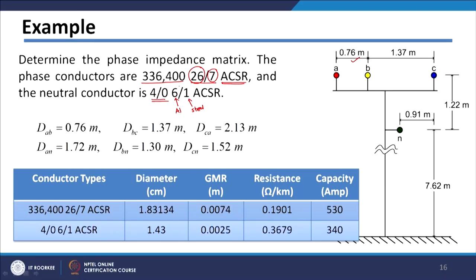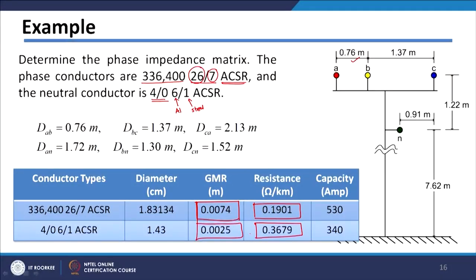So, for these two conductors, from the data sheets we can get the GMRs of those conductors. GMR of the phase conductor is given by this, and GMR of the neutral conductor is this. This is the resistance of the phase conductor per kilometer, and this is the resistance of the neutral conductor per kilometer.